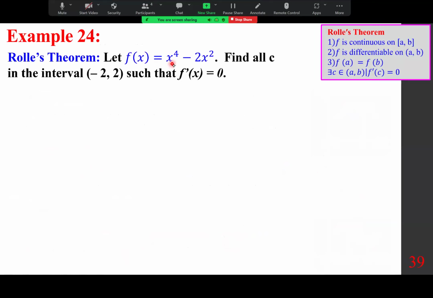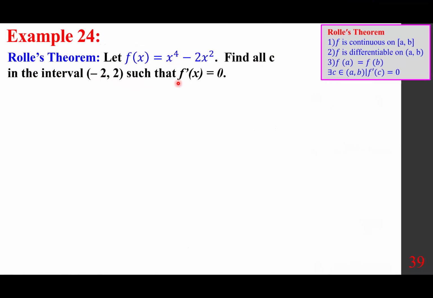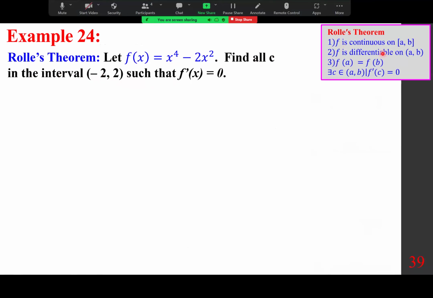Let f of x be x to the power of 4 minus 2x squared. Find all c in the interval of -2 to 2 such that f prime equals 0. Rolle's theorem has three parts. F is continuous, f is differentiable in the interval, and f of a equals f of b. We know this is a polynomial of degree 4.